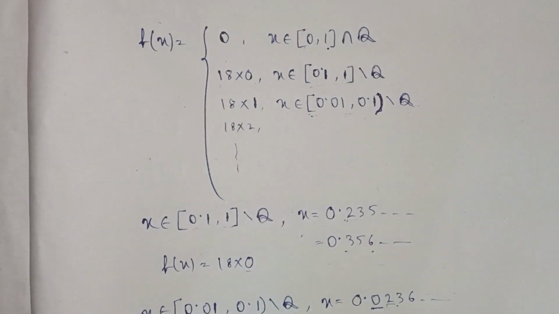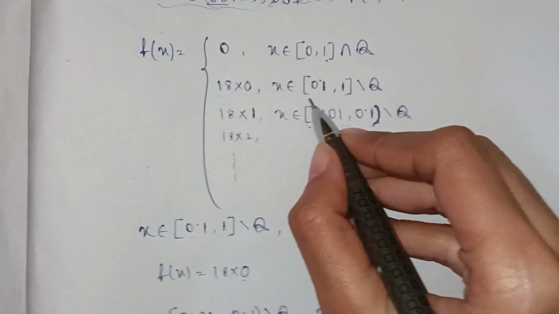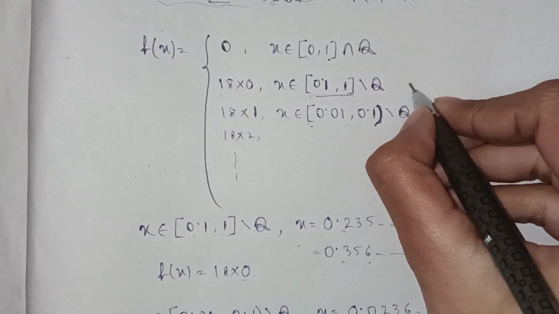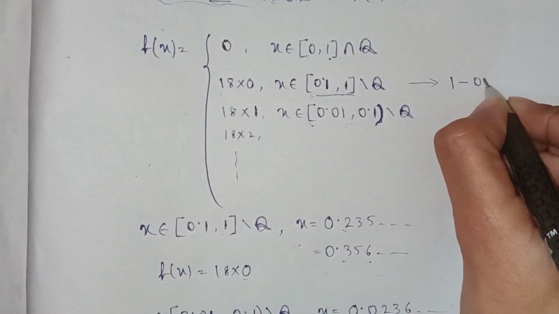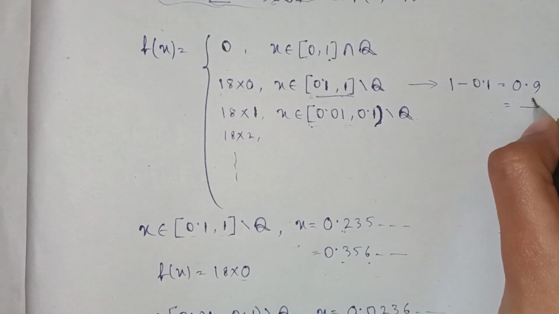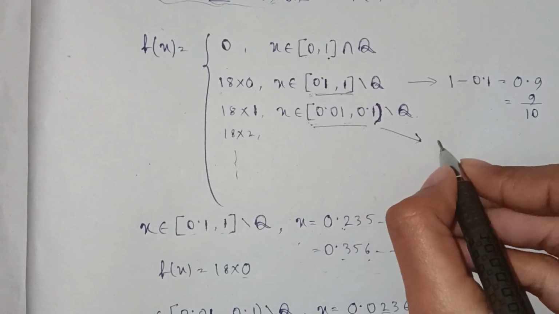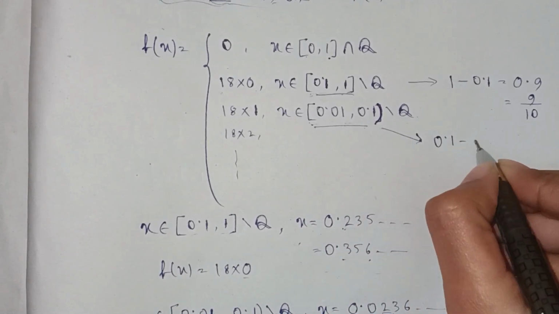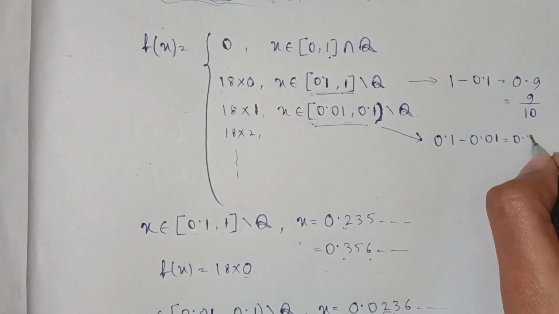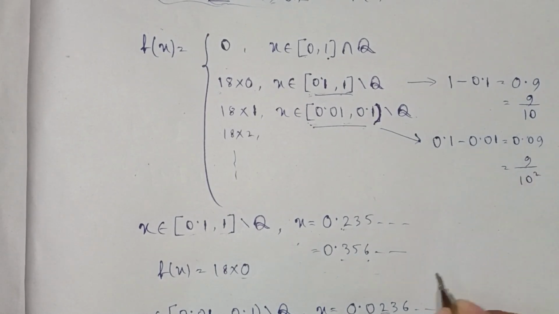Now notice something. What is the length of this interval? The length is 1 minus 0.1, which is 0.9, or we can write 9 over 10. What is the length of the next interval? It is 0.1 minus 0.01, which is 0.09, or 9 over 10 squared.